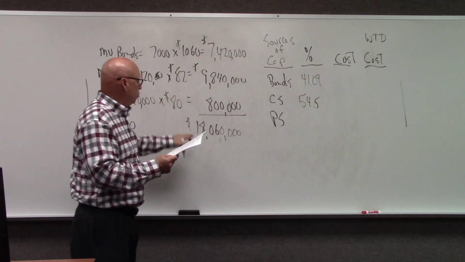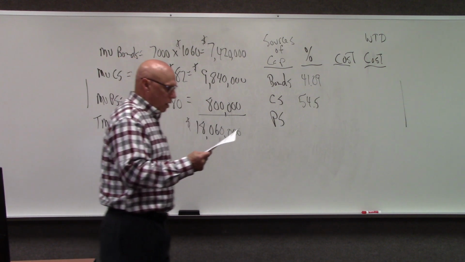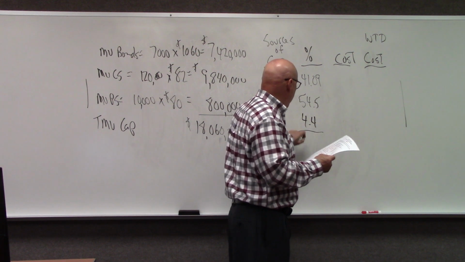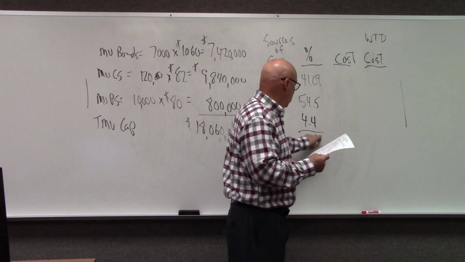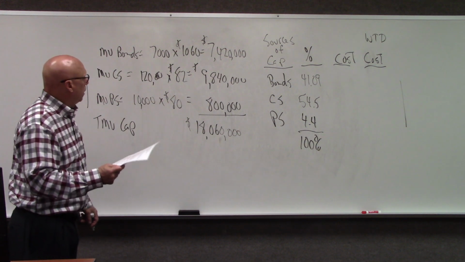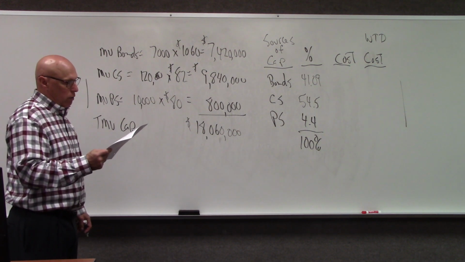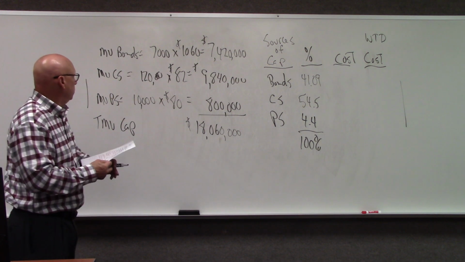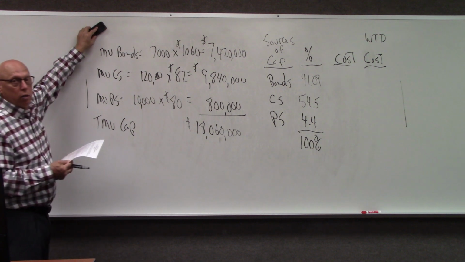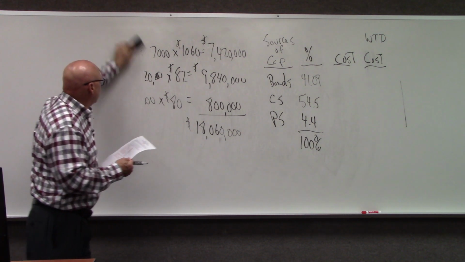And we divide the 800,000 into 18,060,000, and we have 4.4%. Add them up, and this had better come out to 100%. See where that comes from? So we have our proportions. Now we have to find the cost. Let's erase our proportions.